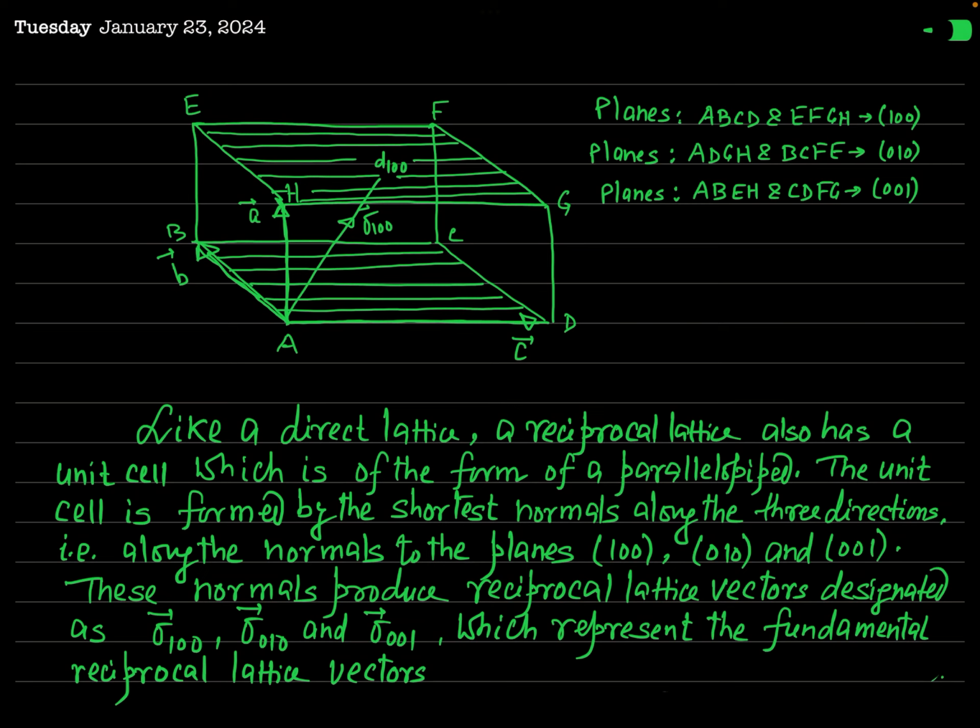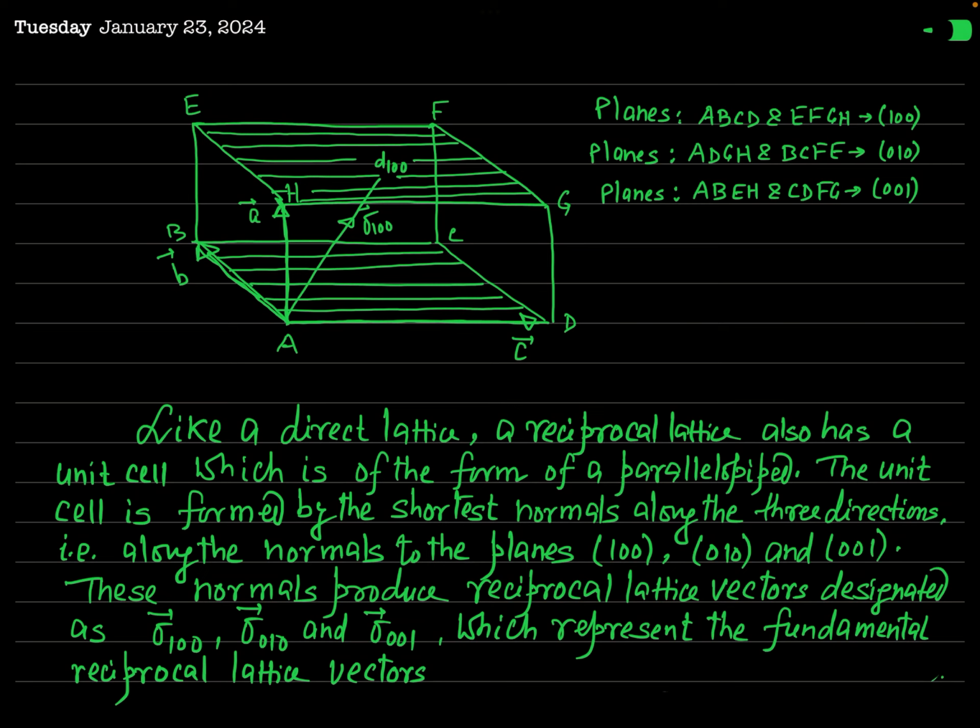But you can see how we can define the primitive translation vectors. For getting the primitive translation vectors, you have to think about the normals drawn on the set of parallel planes which will have the shortest length.